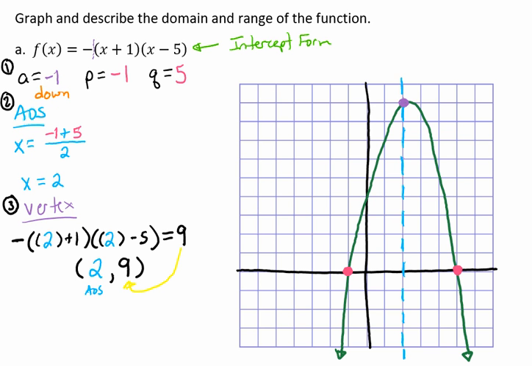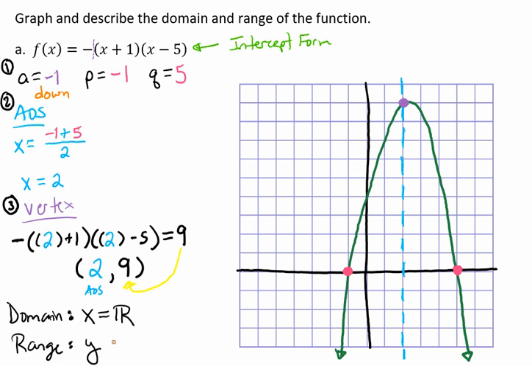And then the last thing it asks us to do is to describe the domain and the range. So our domain, because it's a quadratic function, is going to be x equals all real numbers. And here our range, we're saying that y, because our graph opens down, we have a maximum value.